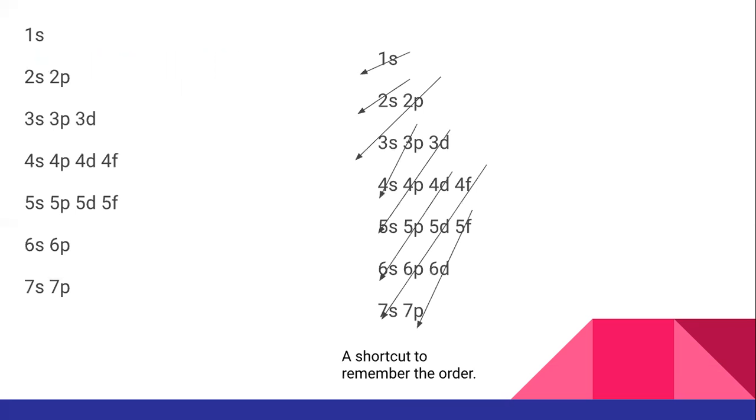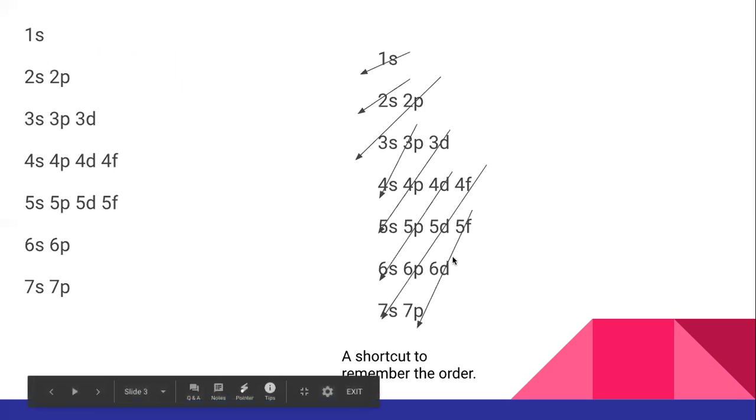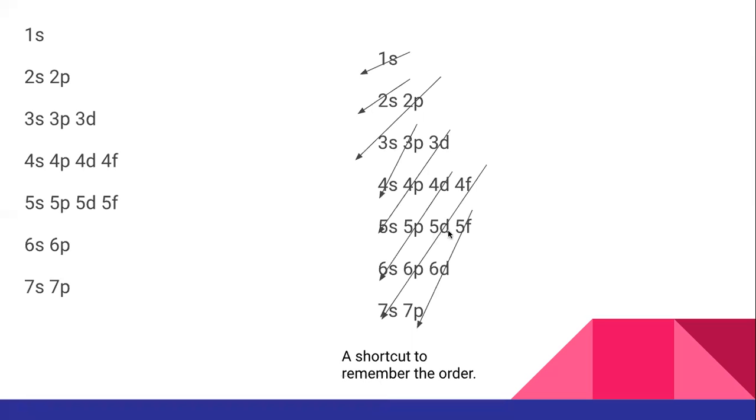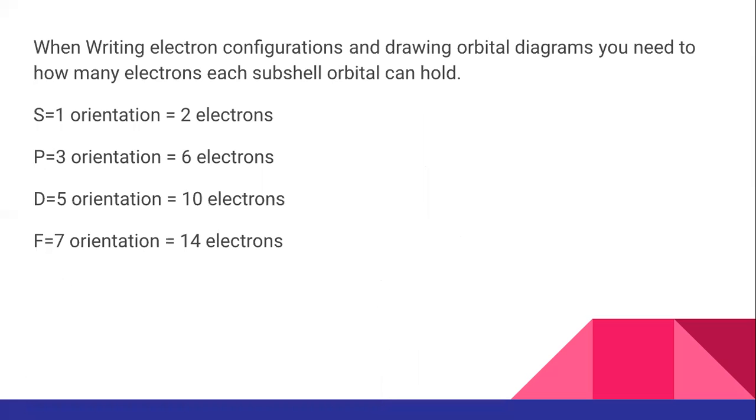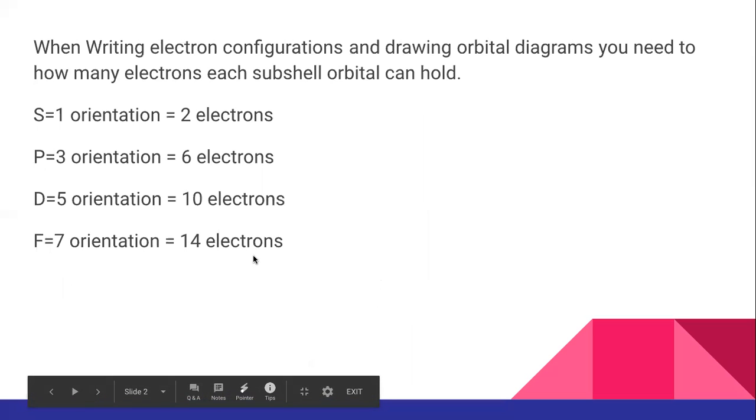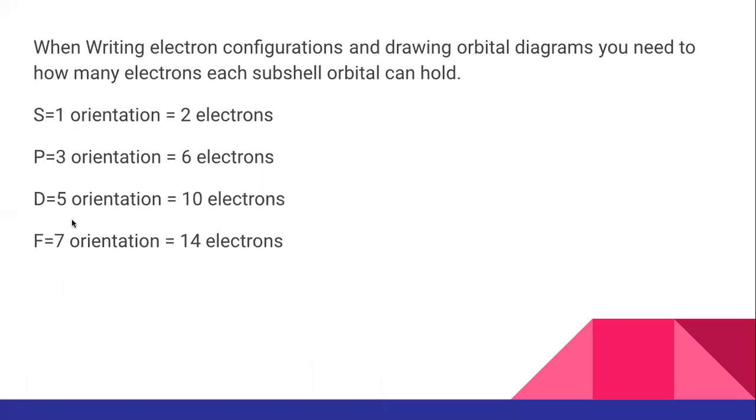I just want to point out, let me go back. A lot of elements you'll barely ever come into contact with the 5f, 6d, 7p. But you also need to always make sure you understand how many F holds, because if you do get there, you'll have to do it probably at least a few times.